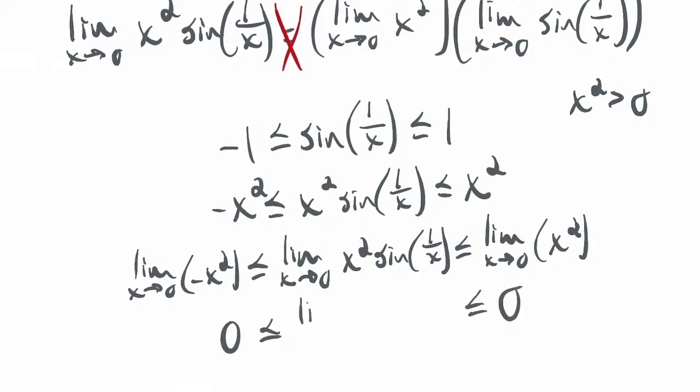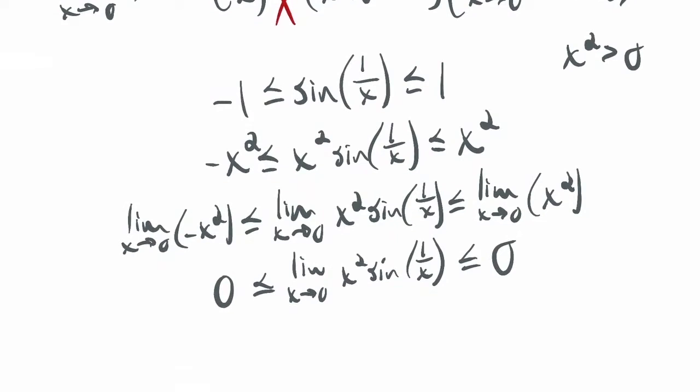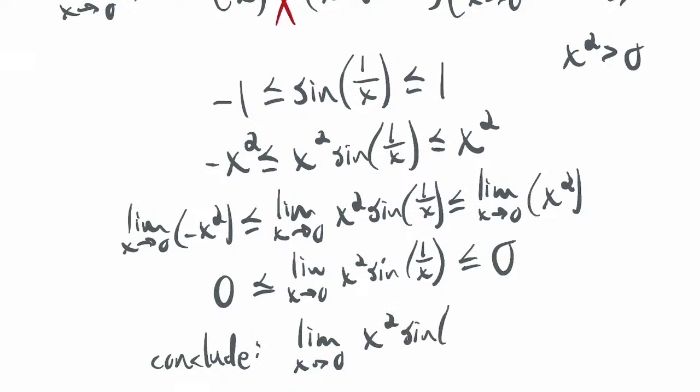So the limit as x goes to 0 of x squared times sine of 1 over x is stuck between 0 and 0. Therefore, it must equal 0, right? What number would be both less than or equal to 0 and greater than or equal to 0? Well, that would be 0. So we conclude that the limit as x goes to 0 of x squared times sine of 1 over x equals 0.